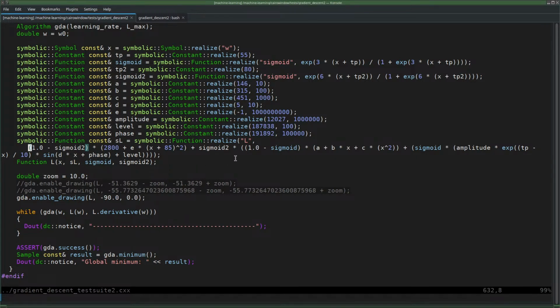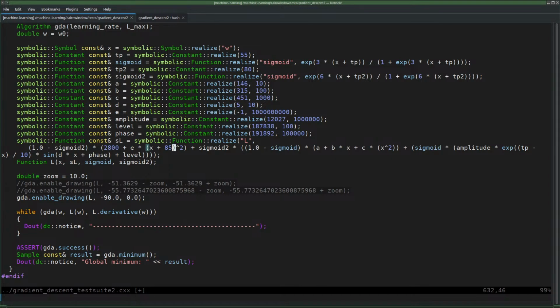Oh, I know. Yep, the precedence of this caret thing is not what I think it is. The precedence is very low or something. The problem is it probably squares the whole thing, including the 2800.